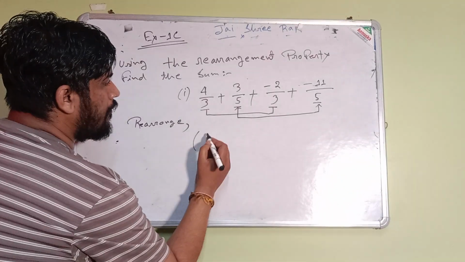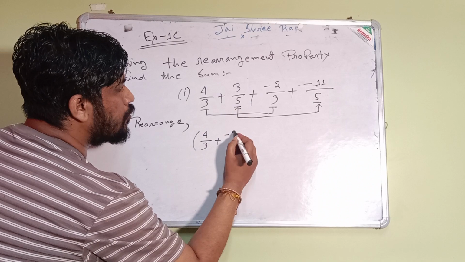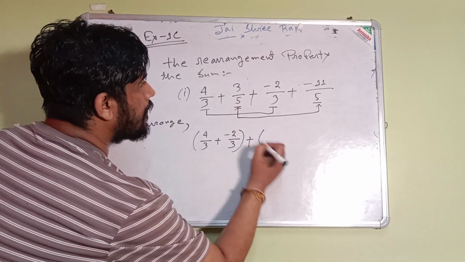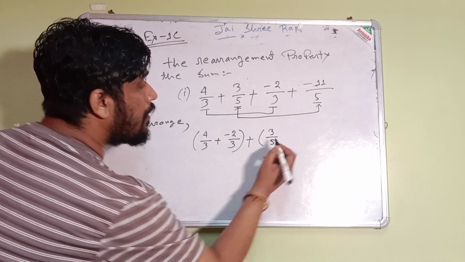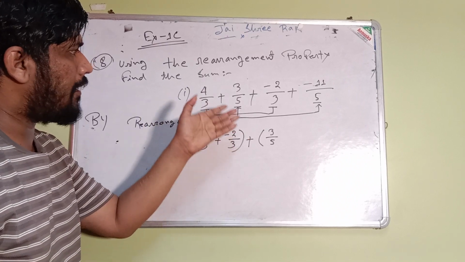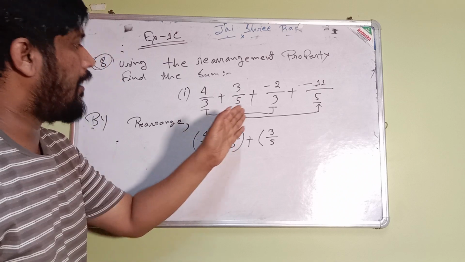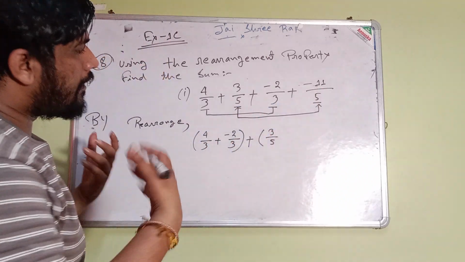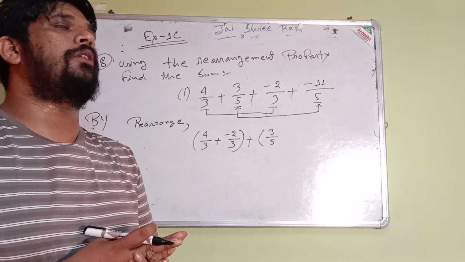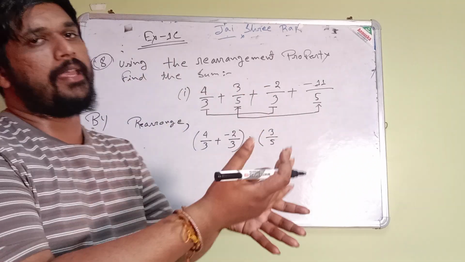Look here, 4/3 plus (-2/3), then plus 3/5, because all are positive, that means plus sign. So we place number 1, then number 3, then number 2, then number 4, and the answer will be the same, because as per the commutative property, if any numbers a plus b, then b plus a is equal.